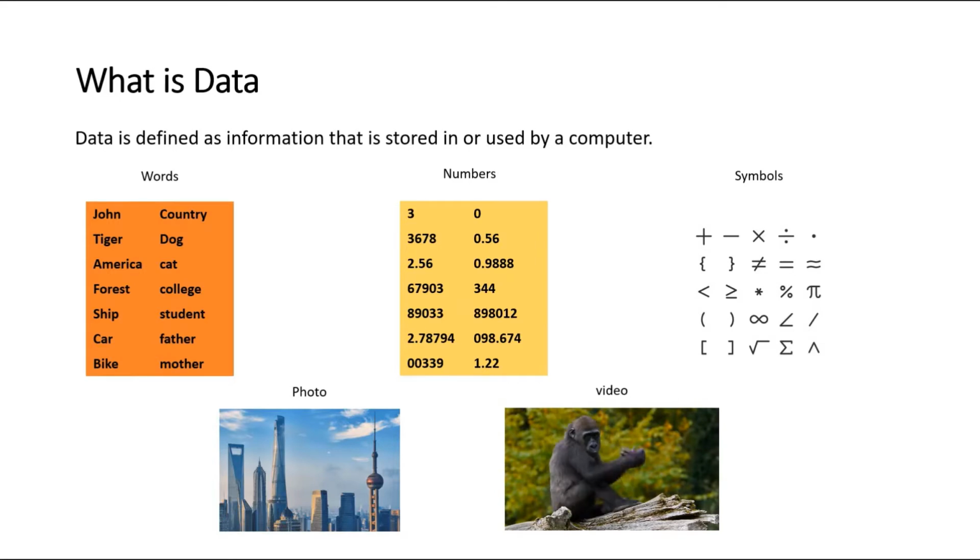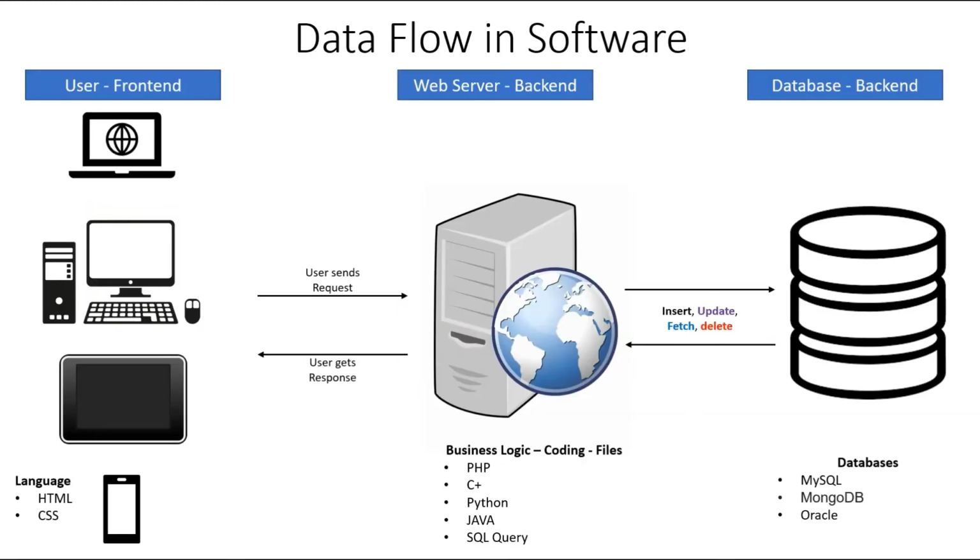Now let us understand what actually happens in the backend when we use different software. As you can see, the user is a part of the frontend, and the web server and database are a part of the backend. Frontend is what we see on the computer.